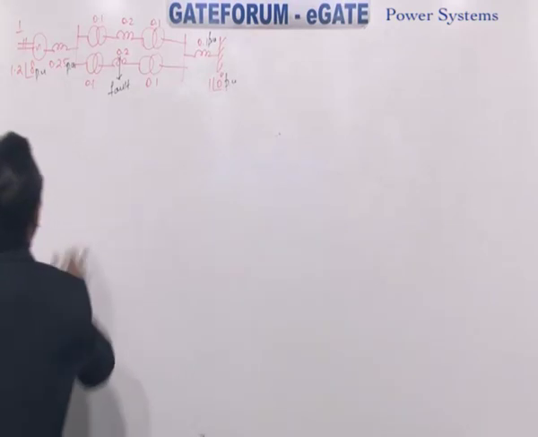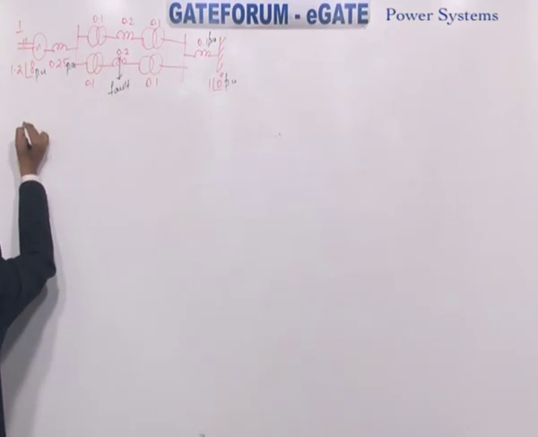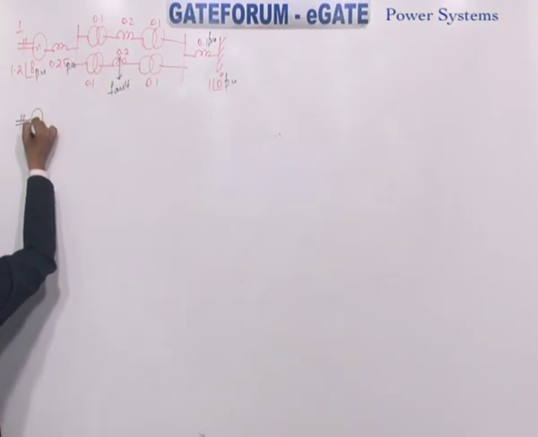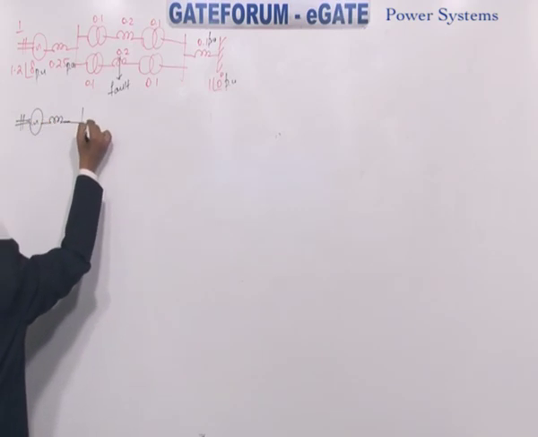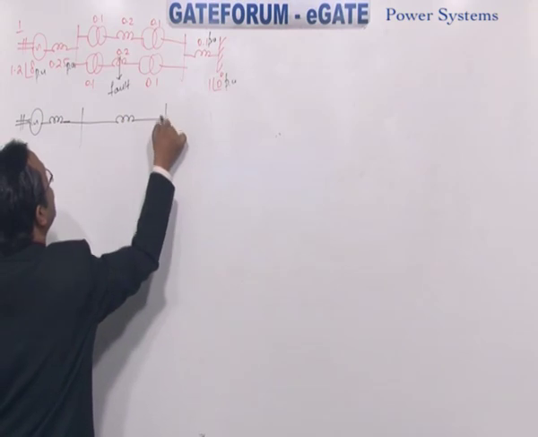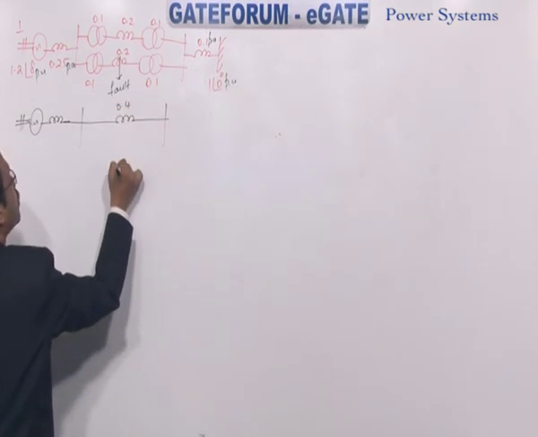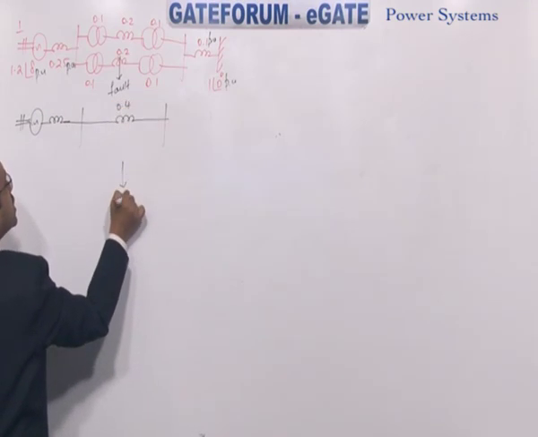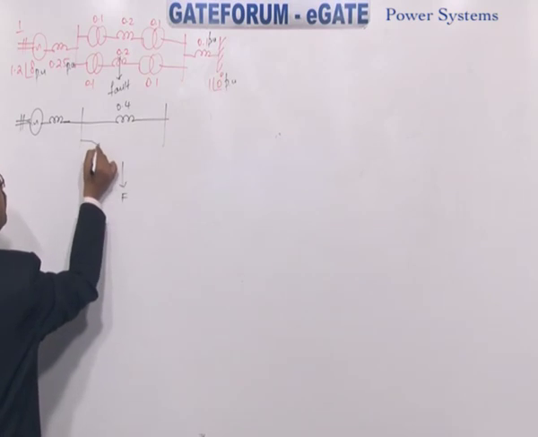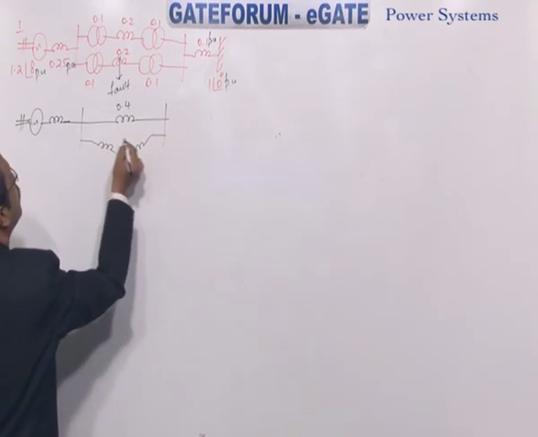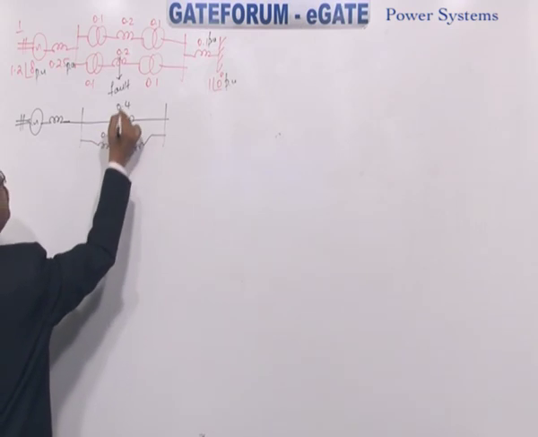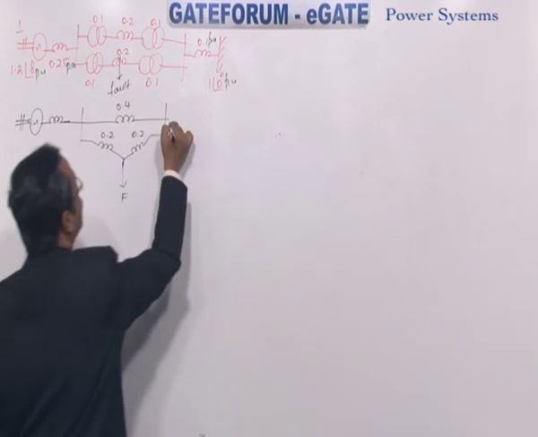For that, you reduce this network now. So we have 0.25. This total how much? 0.4. And what about this side now? 0.2. This side is 0.2.